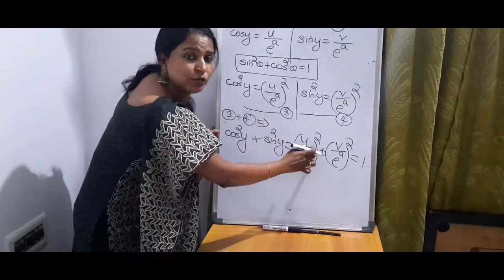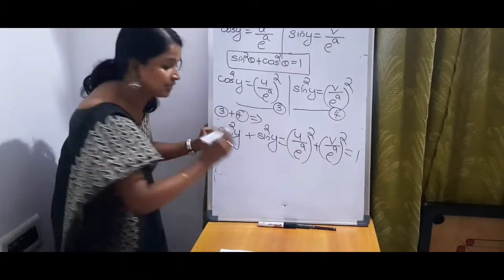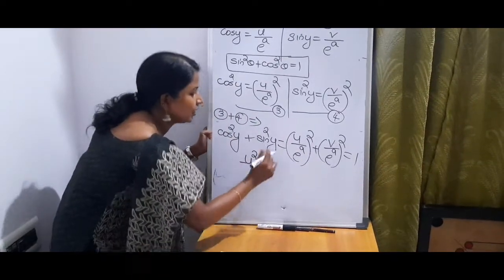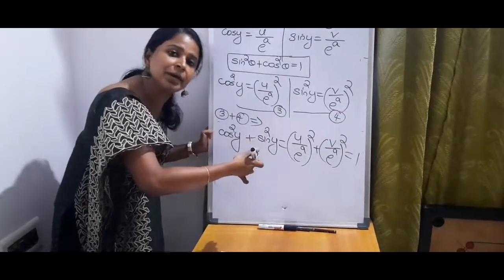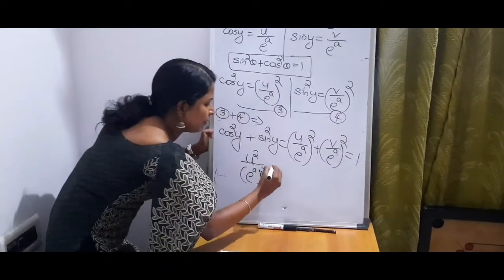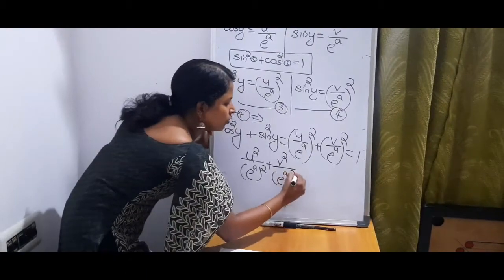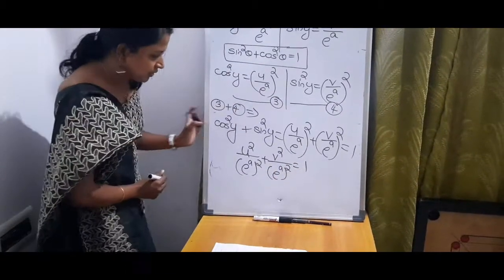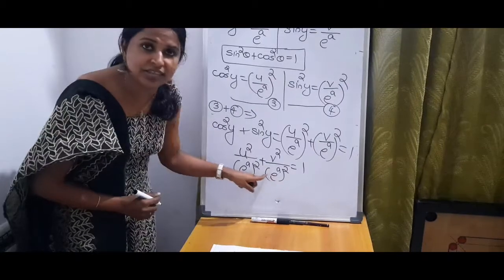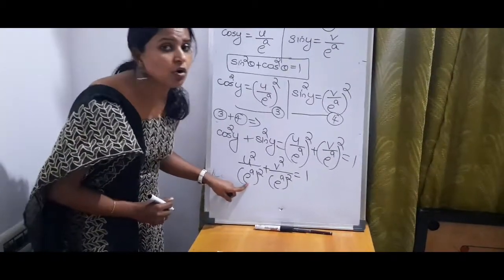So we get the equation u square by e raised to a the whole square plus v square by e raised to a the whole square equal to 1. Here the denominator is common, e raised to a the whole square.